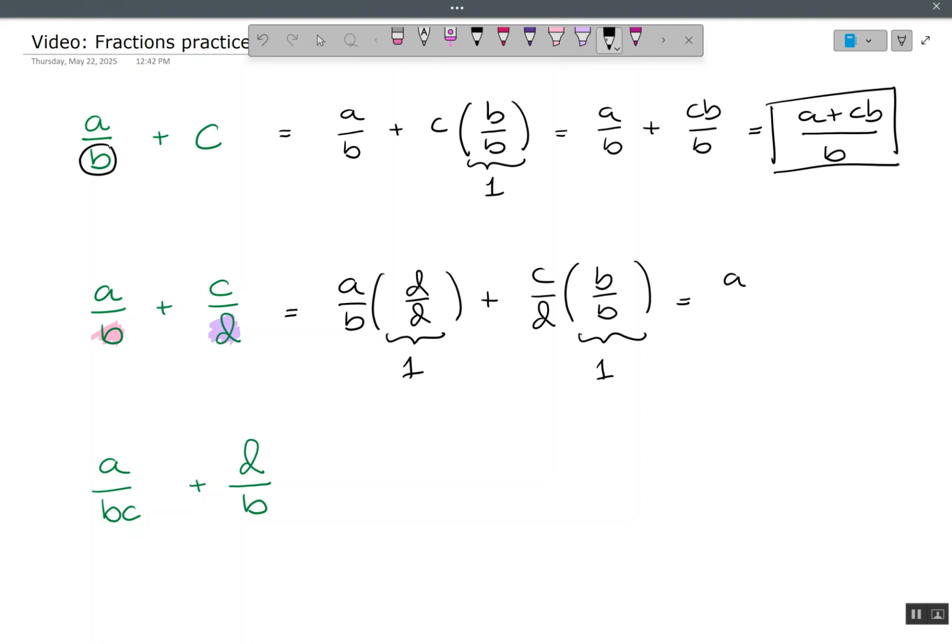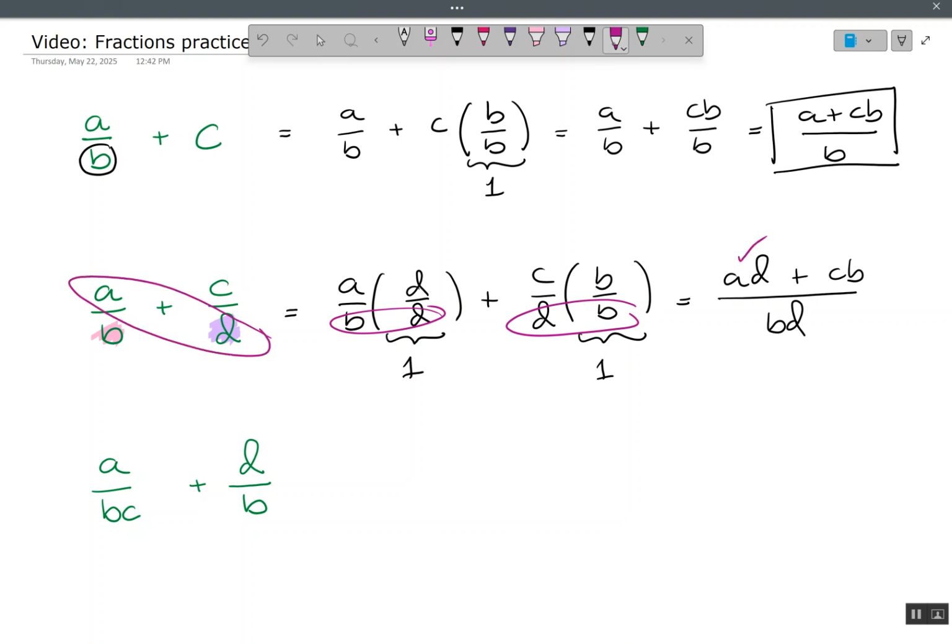So we get AD plus CB all over BD, which is our new shared denominator. We can get to that a little bit more quickly by using what's called the butterfly method.